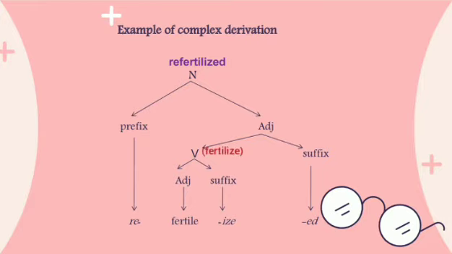Second, the suffix ed is attached to the verb fertilize in order to convert it into an adjective, fertilized. And finally, the prefix re is attached to the adjective fertilized in order to convert it into the noun refertilized. So that's why it is said to create multiple levels of word structure.